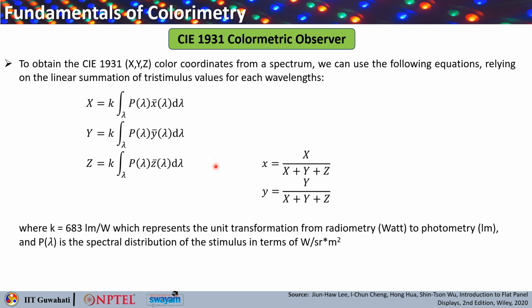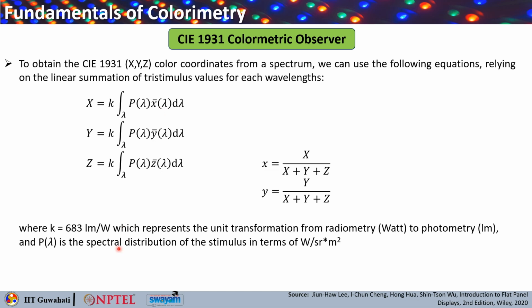Now, you can also obtain the CIE 1931 XYZ color coordinates from a spectrum. In that case you can use these equations that rely on linear summation. Integration is nothing but the summation of the tri-stimulus values that you obtain for each wavelength, so you integrate over lambda.